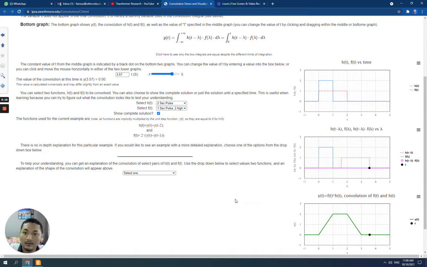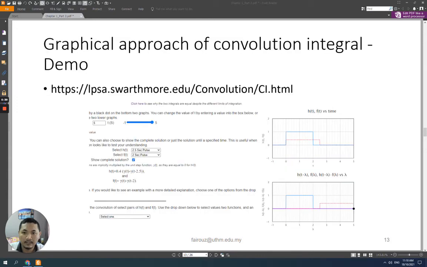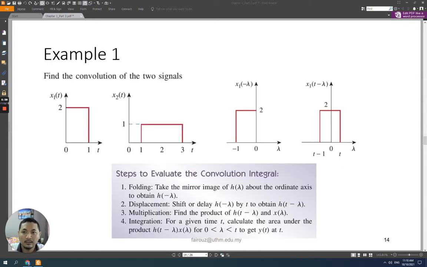So that is the idea of the convolution integral using a graphical approach, the visualization of the convolution integral. Now let's go back to the slide. You can try to explore this at this website. Now let's go to the example.